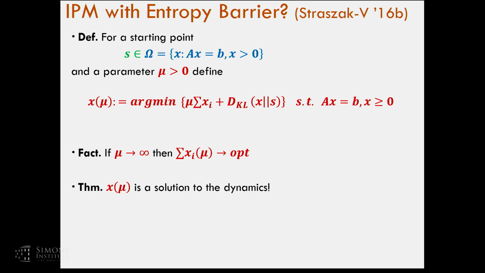And what we can prove is that this parametric solution, x mu, as a function of mu, satisfies the same differential equation that I showed you in the previous slide if I do a change of variables between mu and t.